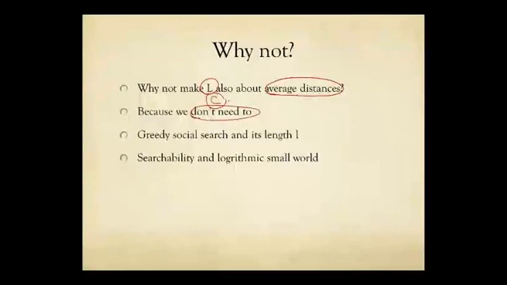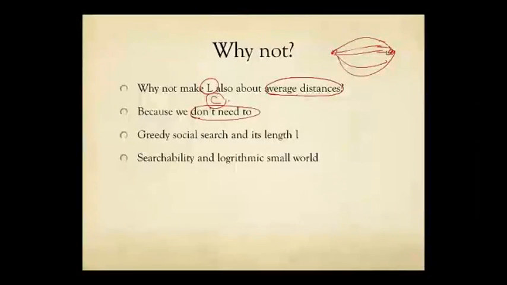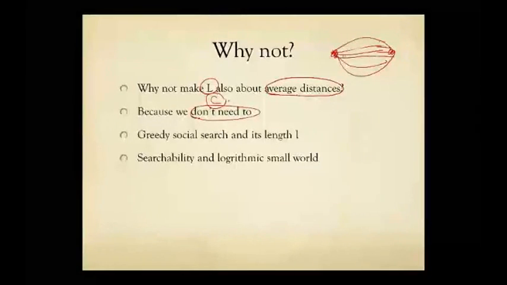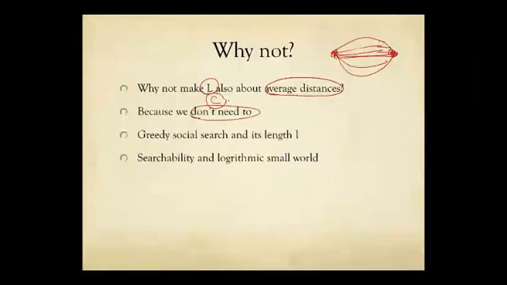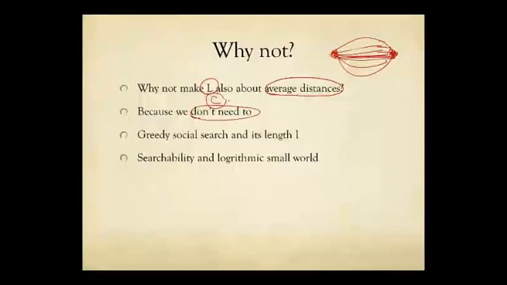Why don't we need to? Because we don't need all the paths or the average of the path length between two nodes to be short. When we route, as long as we can find a short path, a smart enough routing method is going to pick out that path. Okay, the functionality implicitly being modeled here is routing, and all we need is some short path.